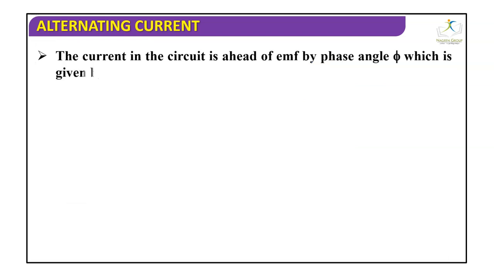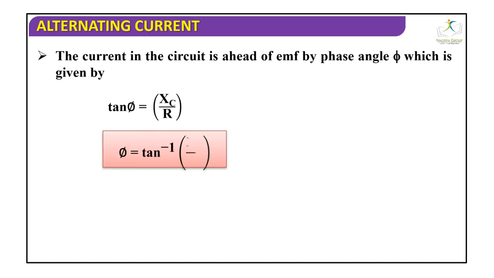The current in the circuit is ahead of the EMF by the phase angle phi, which is given by tan phi is equal to Xc by R, so phi is equal to tan inverse Xc by R.